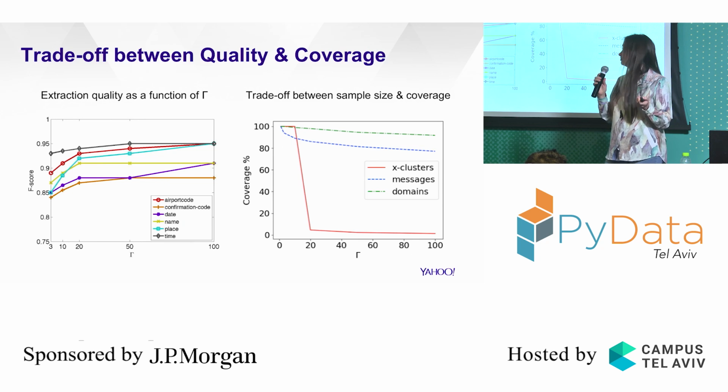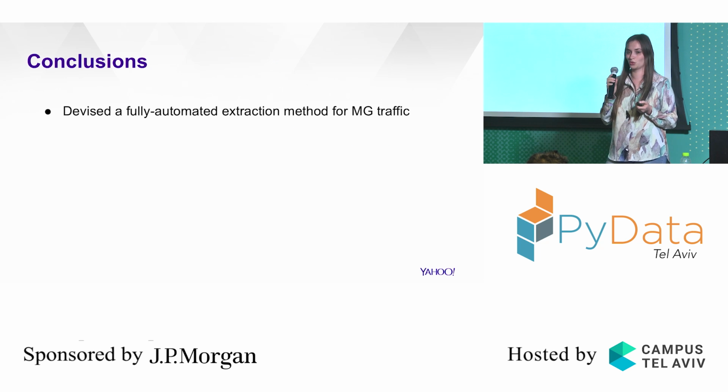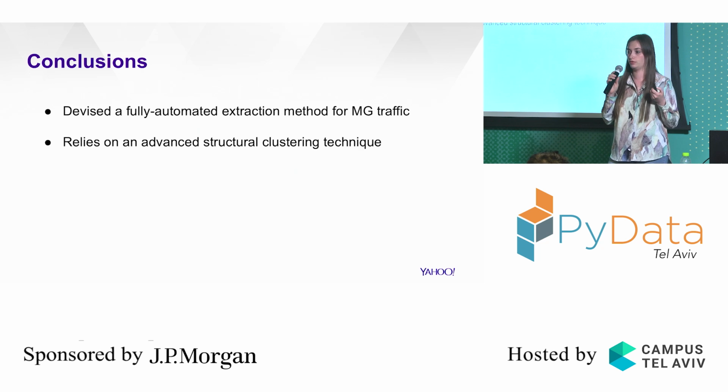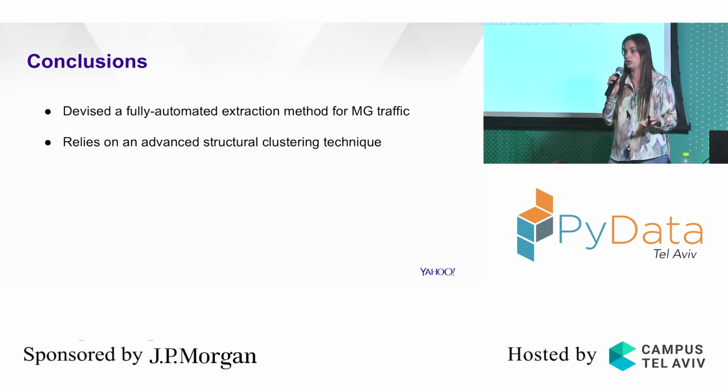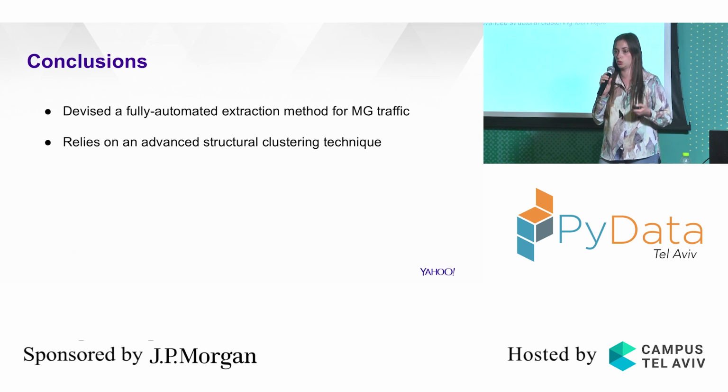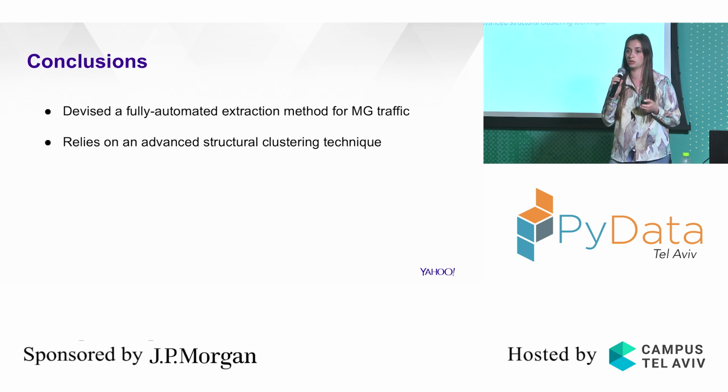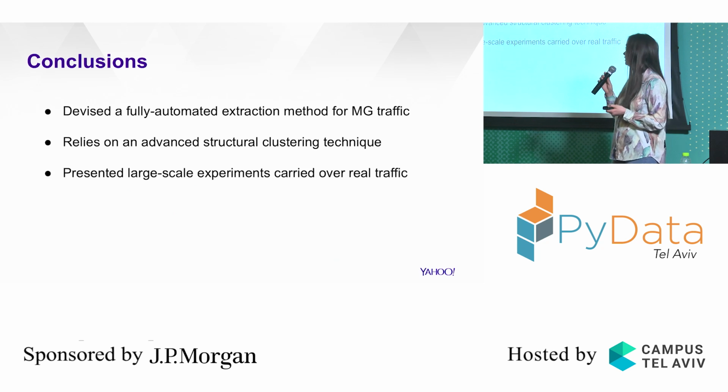And now the conclusions. I showed a fully automated extraction method for machine-generated messages, and we relied on the X cluster. Our basic goal in dealing with machine-generated messages is usually to group together messages that were generated by the same script, and then to learn and apply different techniques.